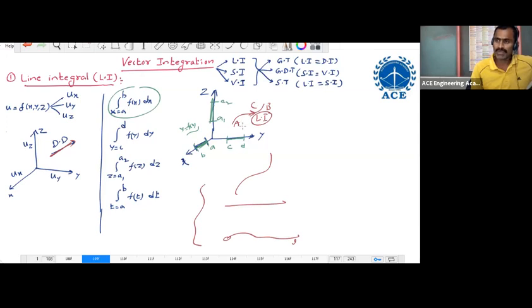The total work done by the force vector is the line integral. So the line integral is useful to find the work done by the force. This line integral is the same as the work done only. Just observe this: these are the integrals along the coordinate axes only, and if you want to find the integral along some arbitrary curve in space, then such an integral is a line integral. Here, the line integral is the work done by the force vector.